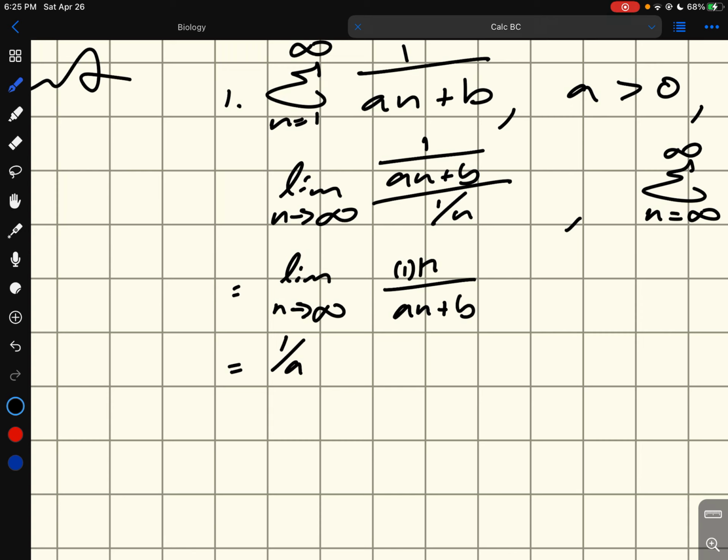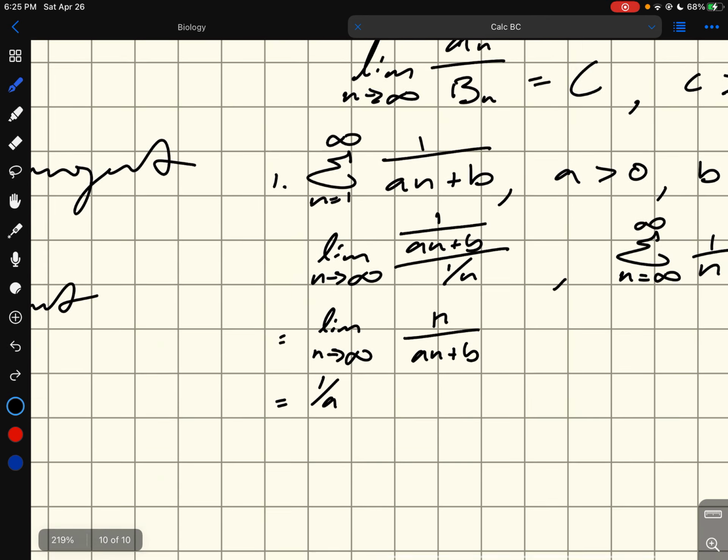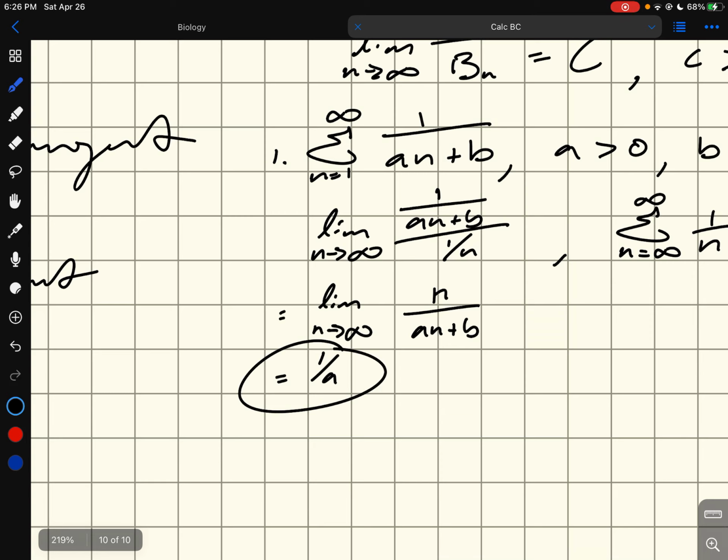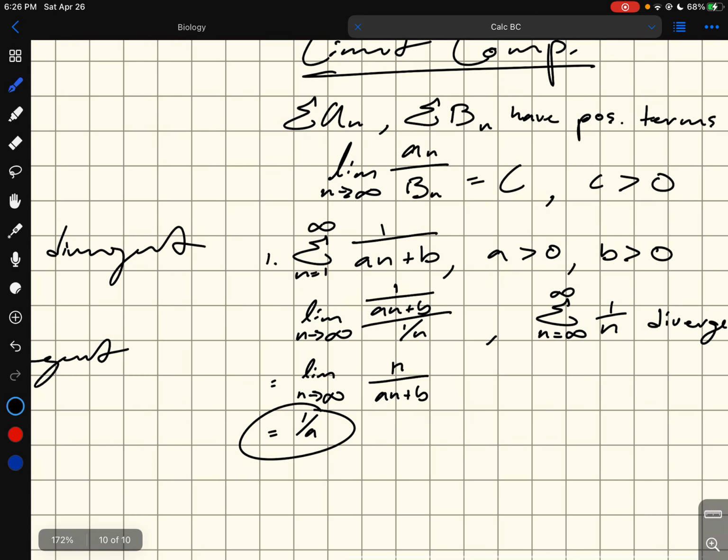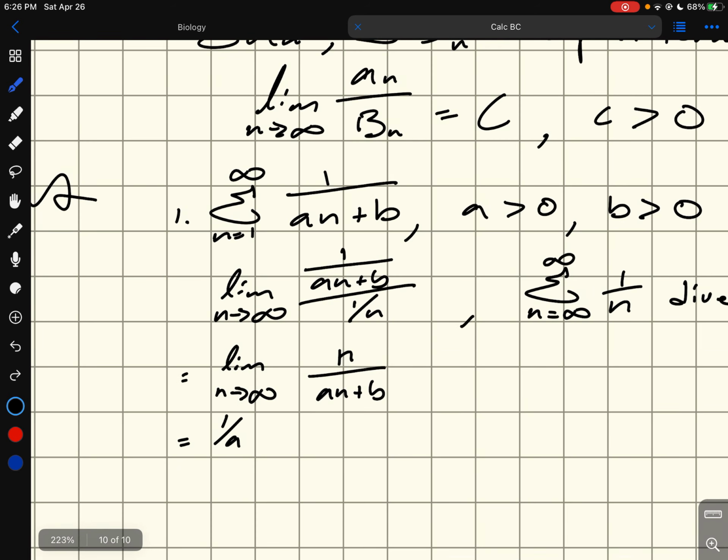Because there's an invisible 1 here, and this a is the coefficient of that n. So this is definitely a number. That means they both have the same convergence or divergence.